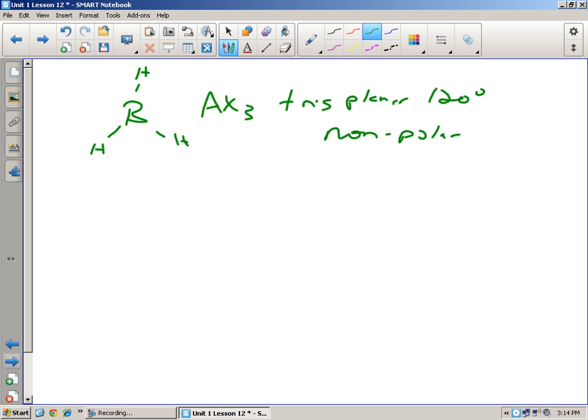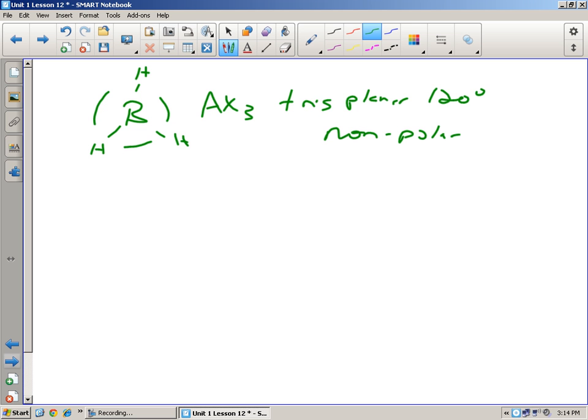Now, you'll quickly understand that AX3 ones, if we're talking about boron in the middle, are probably the only ones for AX3 that are going to be nonpolar. Because if you go back to the other AX3 ones we've had, they have double bonds in them. Boron's the exception, it allows 6 around it. So this is the perfect 120, 120, 120.